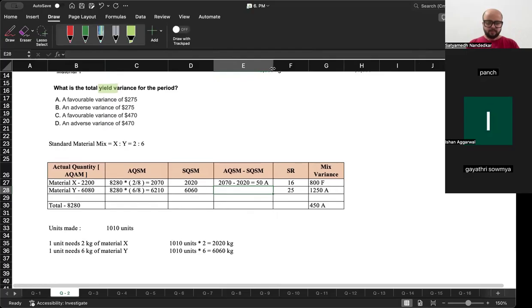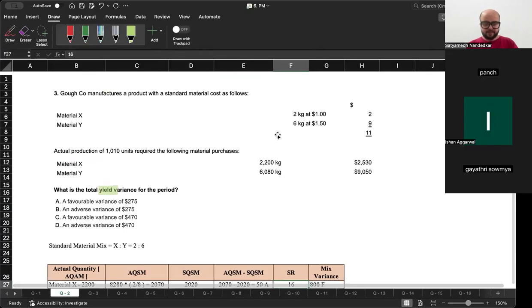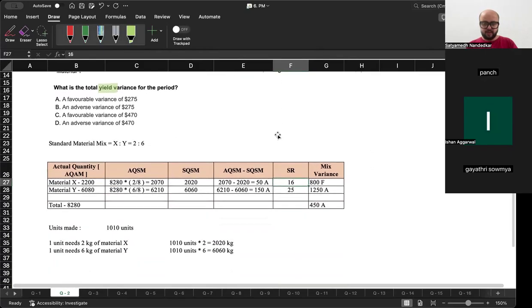And you were supposed to use 6060, but you ended up using 6210. How much will be the difference? 150. You used more than what you were supposed to use as compared to the standard recipe. 150 adverse. Standard rate is 1 and 1.5.